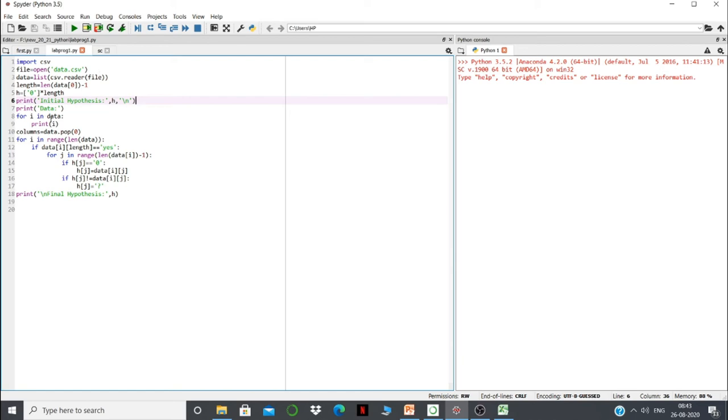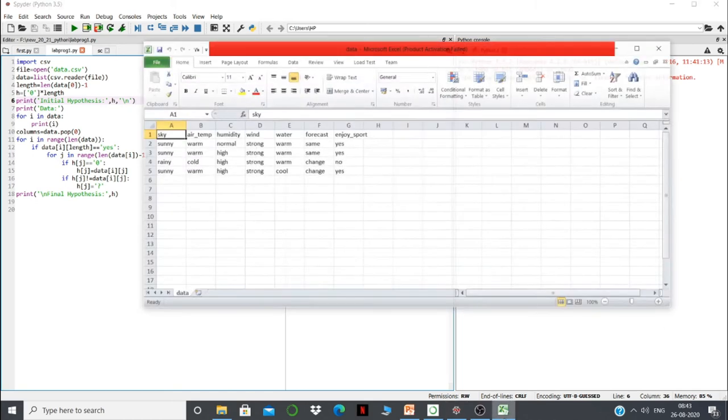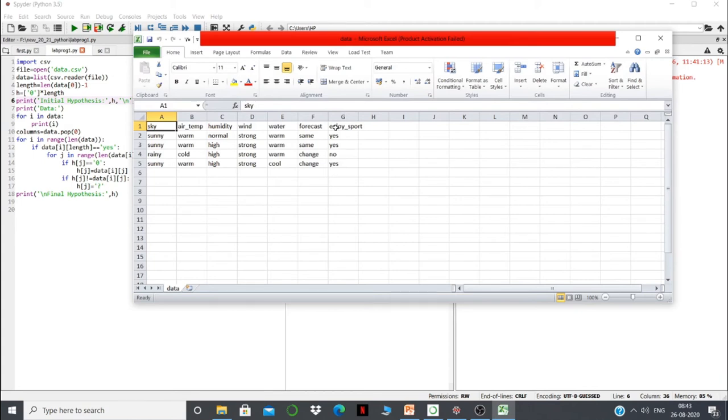After printing that, the next step is we should make a comparison between the most specific hypothesis and the first training example. When it comes to the first training example, the Find-S algorithm first checks the target concept, whether the training example belongs to a positive category or a negative category.